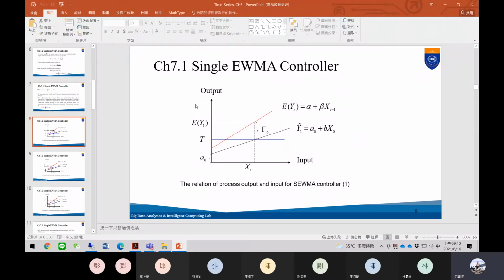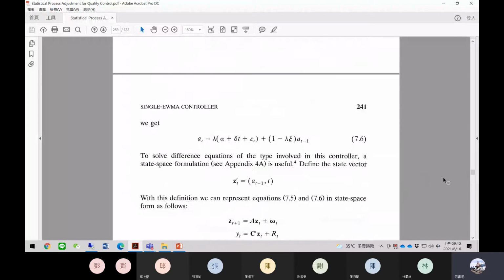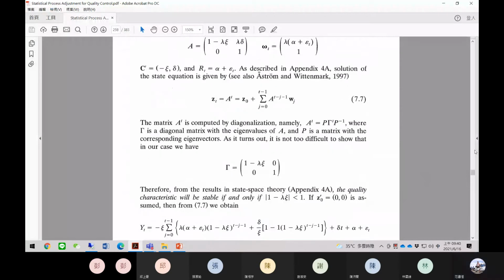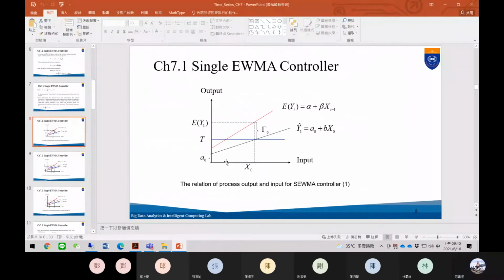Then this is the illustration. Let us talk about the illustration. Let me see that. Does it have the illustration? No. Let us do it our way.